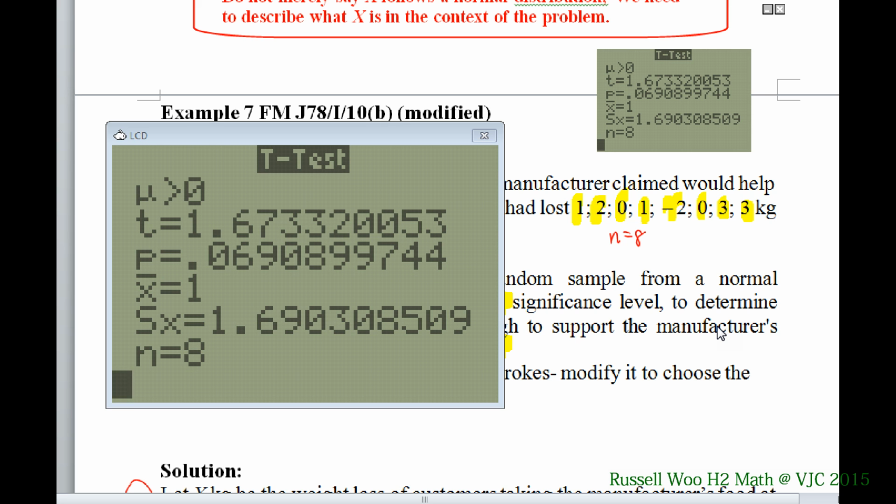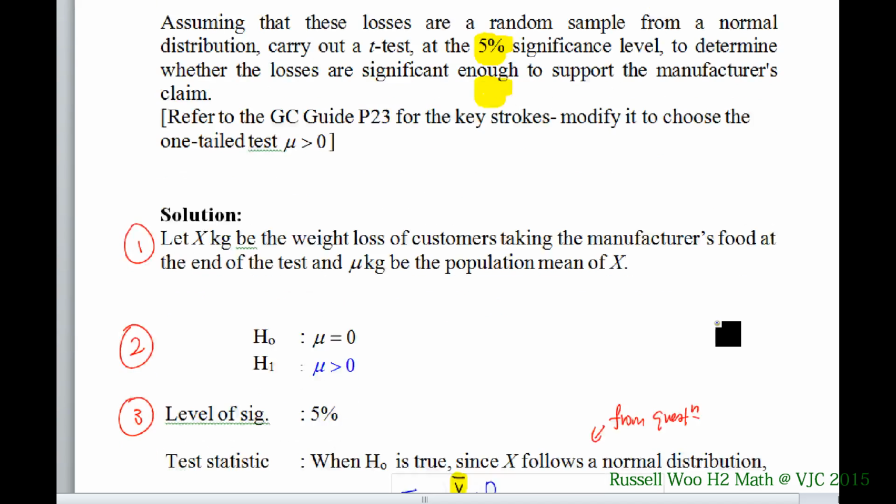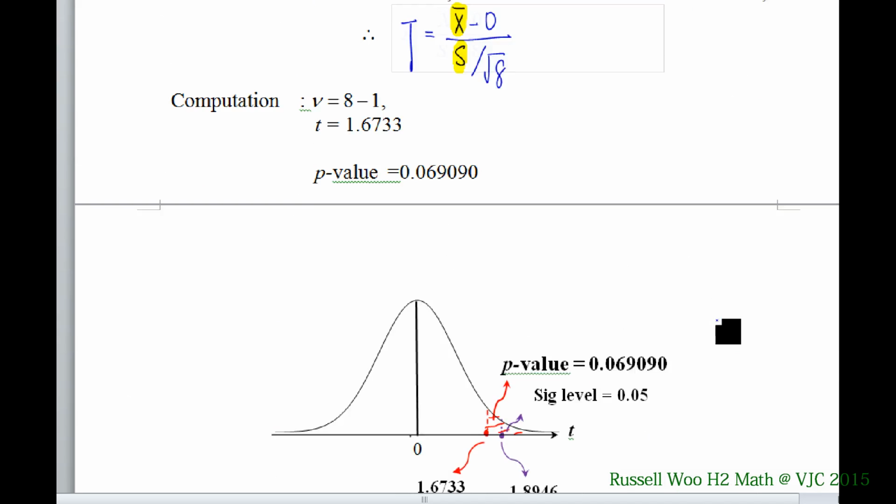Damn good, right? It does the work for you. Look at the p-value here, 0.69. That's how the 0.69 comes about. Are you okay? You decide beforehand it's a t-test, then the rest is quite easy.